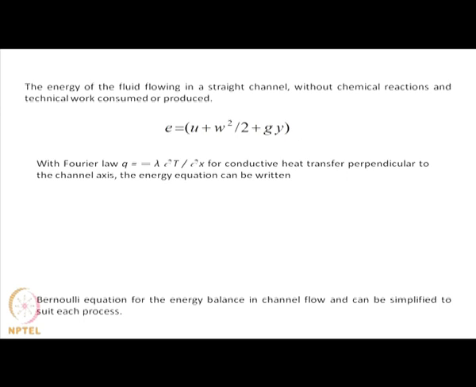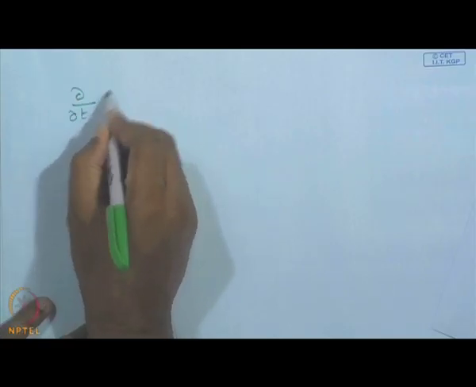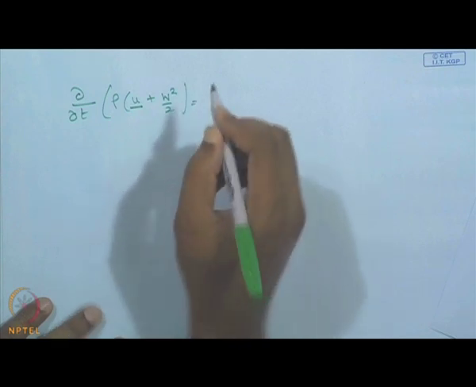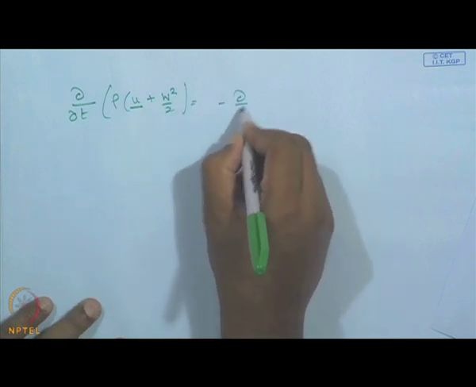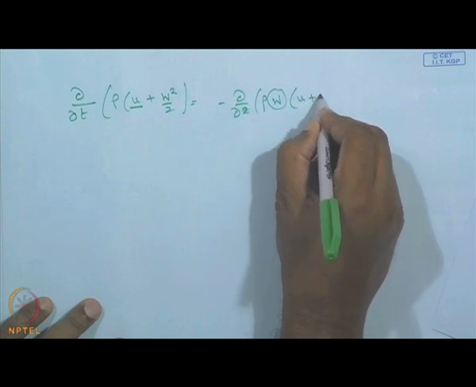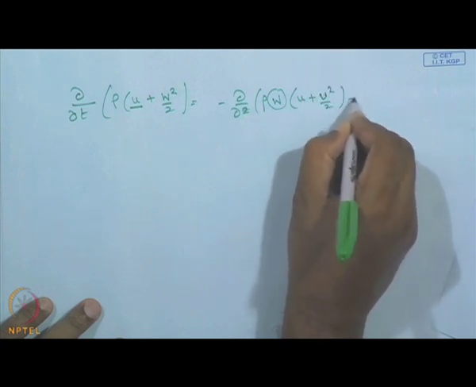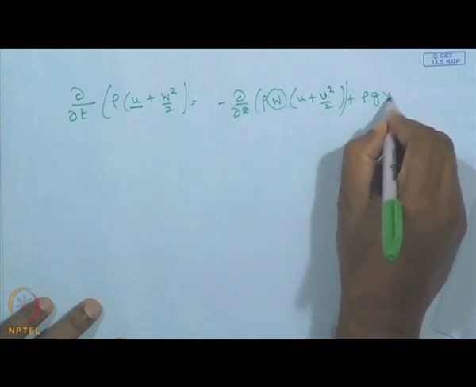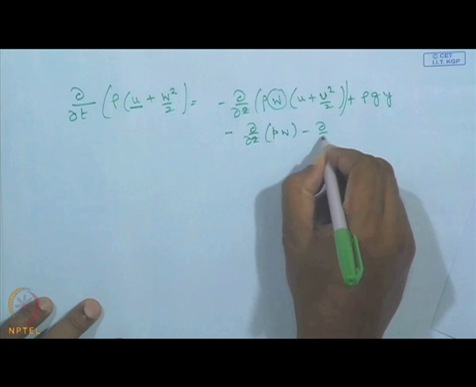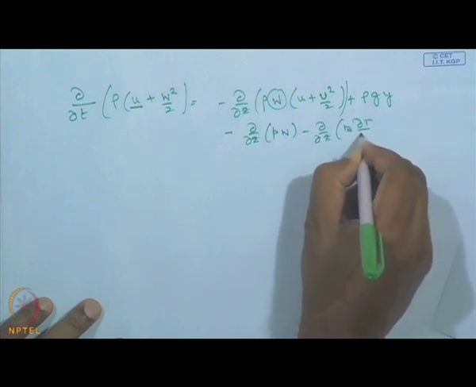We can add Fourier's law to it for conductive heat transfer perpendicular to the channel axis, and one can write the energy equation in the following form: the time rate of change of internal and kinetic energy is equal to the spatial change of W, the mass flow rate, times internal plus kinetic energy, then there is a gravitational force component, minus del Z of pressure times W, minus del Z of K times del T del X.